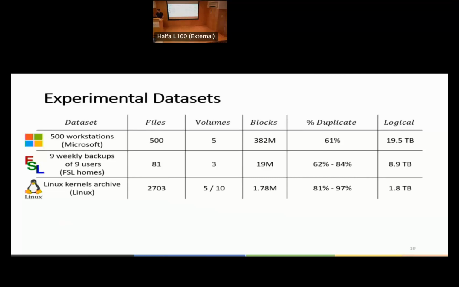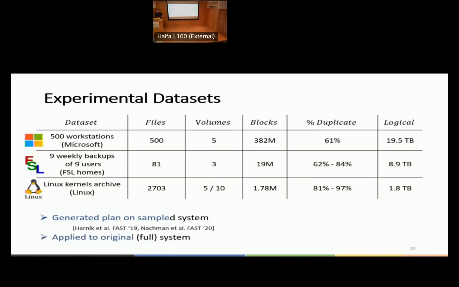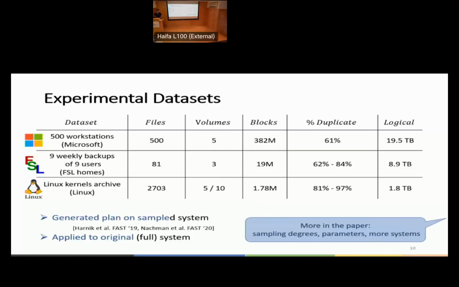We generated a sampled system from those data sets, in a similar manner to that shown in other papers, and we ran our approaches on the sampled system, but the final results of the migration plan were then applied on the full system in order to evaluate our original cost. So in the paper you can see many more systems, different parameters, and the full explanation.